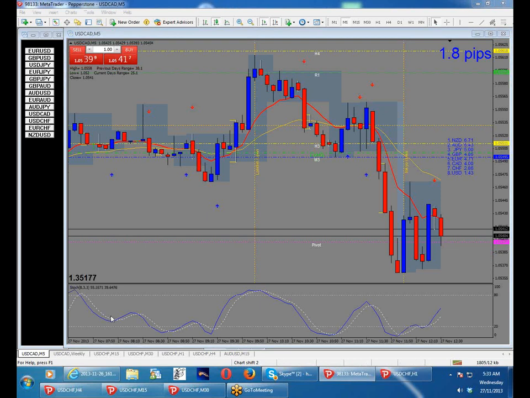Could also be the start of a cup with a handle formation. Yes, I've never got into those. Yeah, that's a stock trading deal. I was busy showing the monthly.